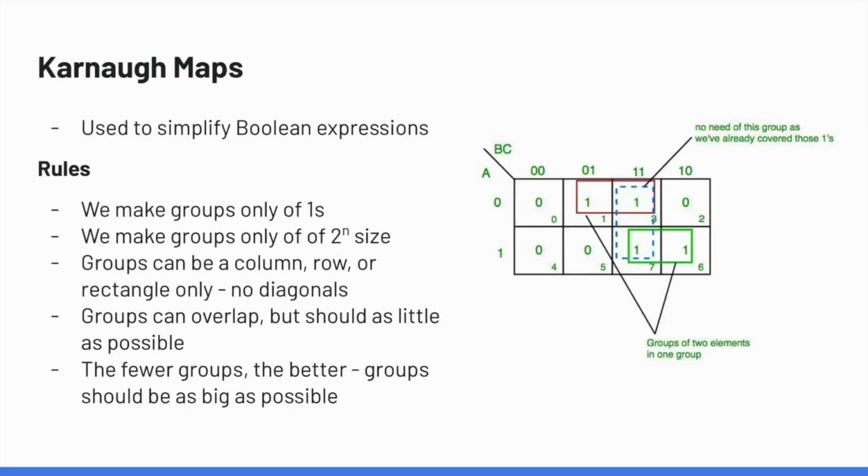The reason is that if you look back at these rules, the group should be as big as possible. Yes, we want fewer groups, but we also want those groups to contain as many ones as possible. And that's the reason why we did that. Anyways, we can look at more examples in the members only videos, but that about covers it, so let's move on.